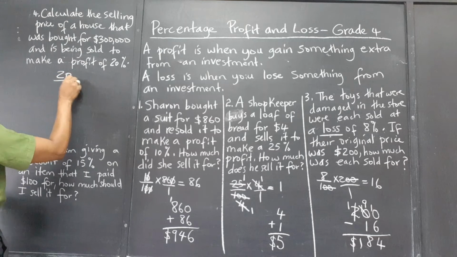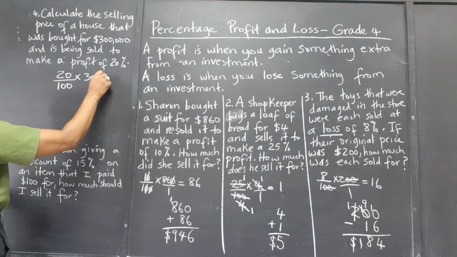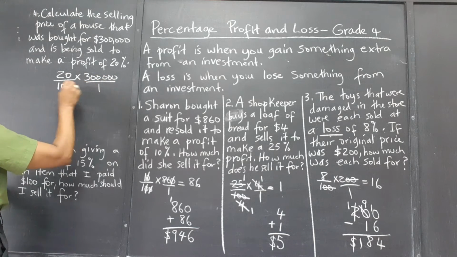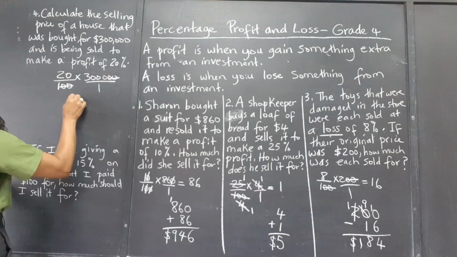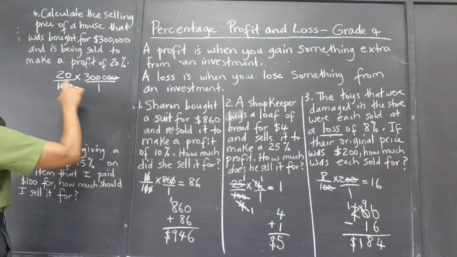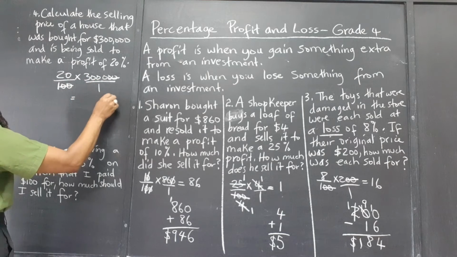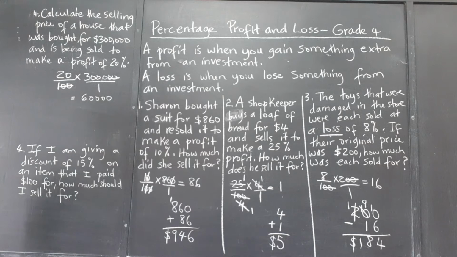So 20 over 100 times the 300,000. These two zeros cancel these two, and then 1, 2, 3, 4 zeros, and 3, 2, 6. So 60,000 is 20% of 300,000.